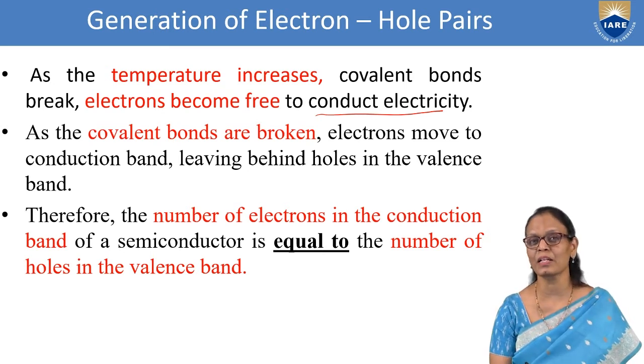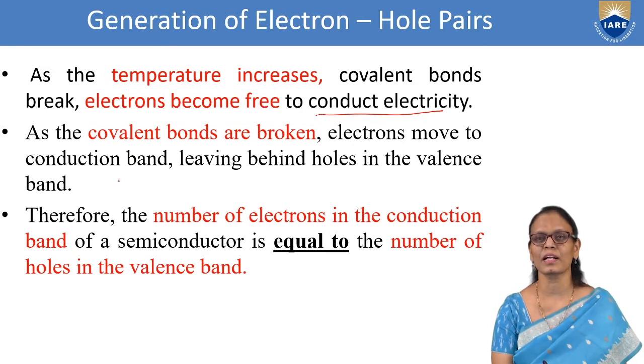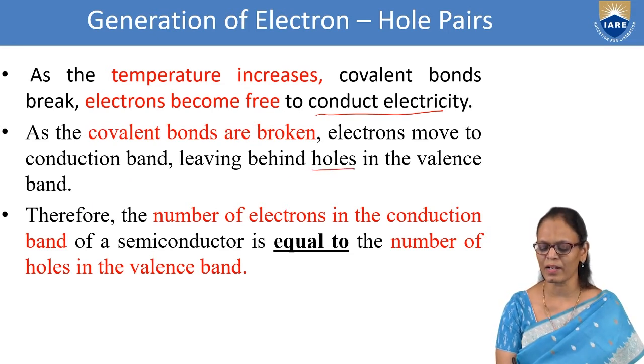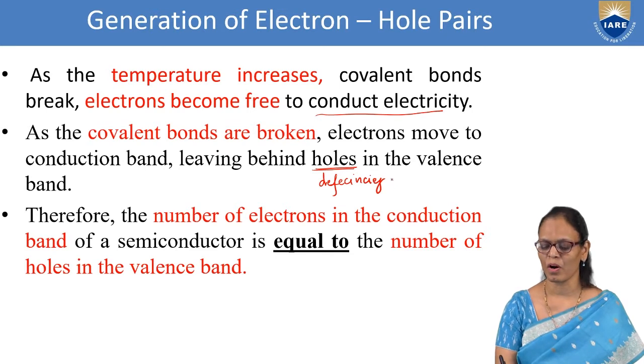What is happening here is, as covalent bonds are broken, electrons move to the conduction band, leaving holes in the valence band. Holes are nothing but deficiencies of electron.